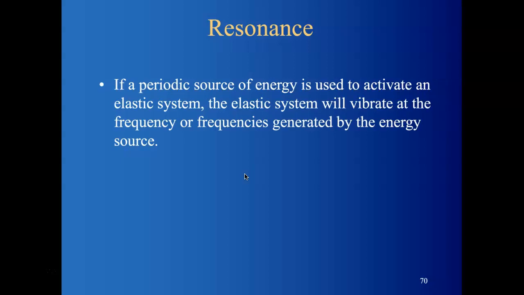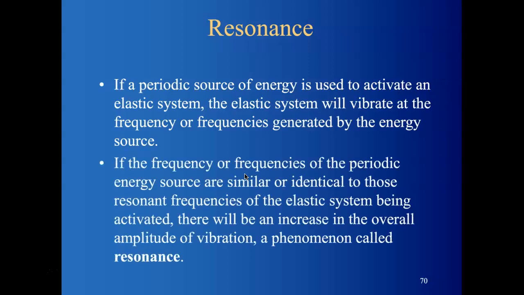And so if a periodic source of energy is used to activate an elastic system, the elastic system will vibrate at the frequency or frequencies generated by the energy source. Okay? The frequencies of the periodic energy source are similar or identical to the resonant frequencies of that system. There will be an increase in the overall amplitude, and this natural enhancement is called resonance.